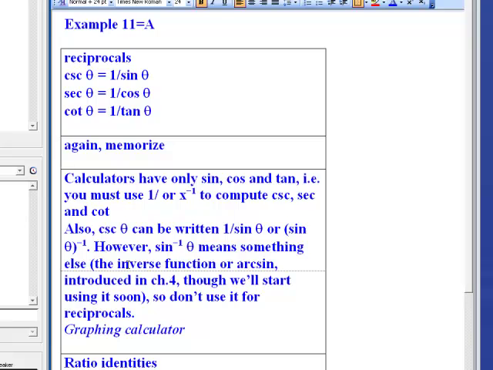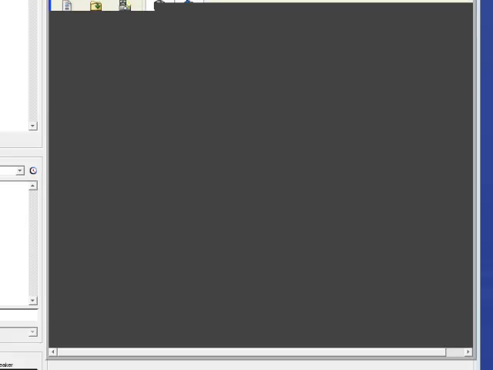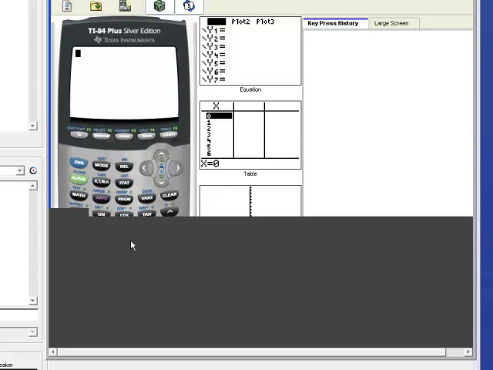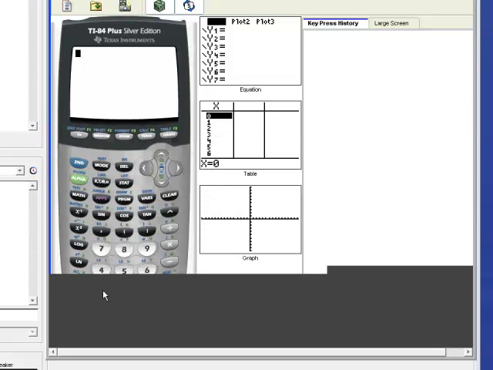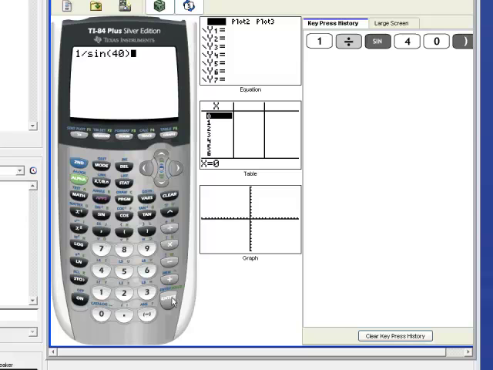Let's calculate a few on a graphing calculator. For example, you may want to calculate cosecant of 40 degrees. So we do 1 divided by sine of 40 degrees, and that will be the cosecant.